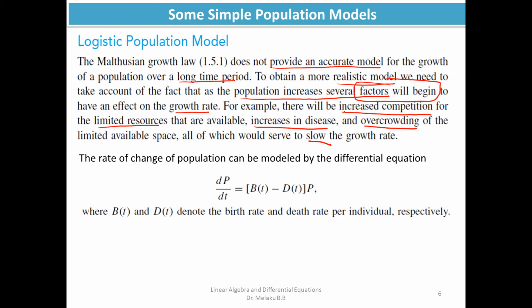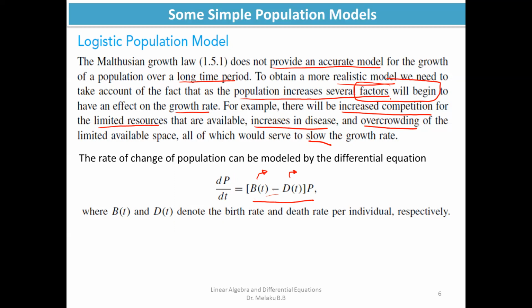So for this reason, the rate of change of the population, which could be affected by factors that hinder the growth rate, must be modeled this way. That is, dP/dt must be equal to (b(t) minus d(t)) times P, where b(t) is the birth rate and d(t) is the death rate. Why are we subtracting the death rate from the birth rate?